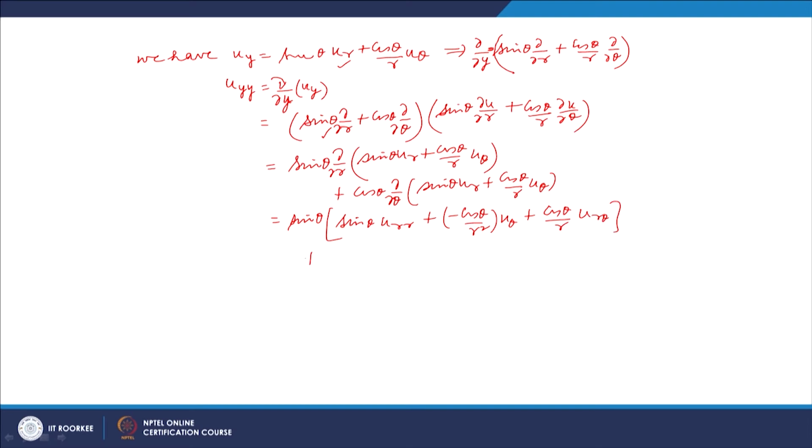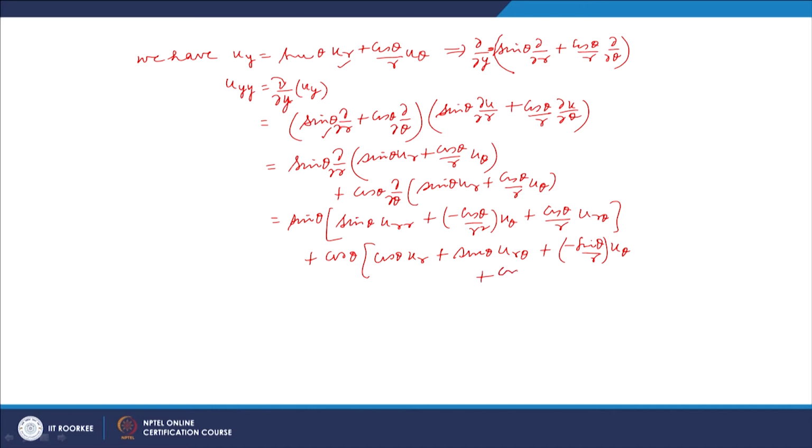Okay. When we apply the second term here, we get cos theta times del over del theta of sin theta, which is cos theta u r, then we apply to u r, so sin theta u r theta. Then del over del theta of cos theta will be minus sin theta, so minus sin theta over r into u theta. Then the derivative of 1 over r with respect to theta will be 0.